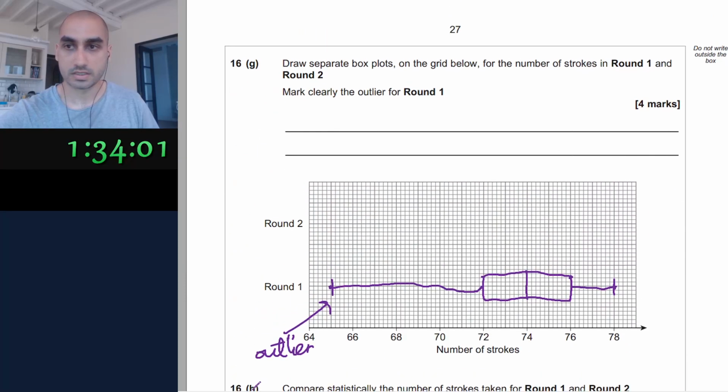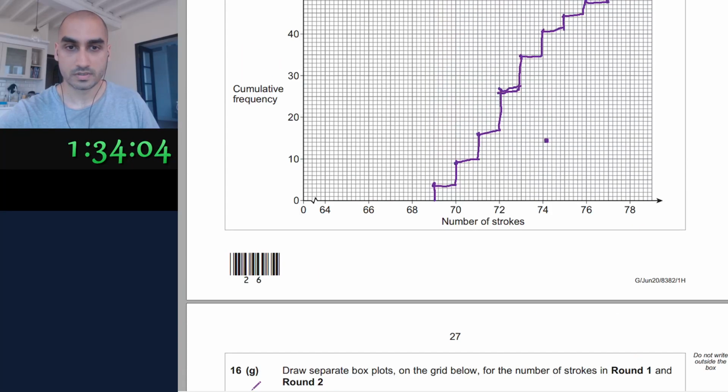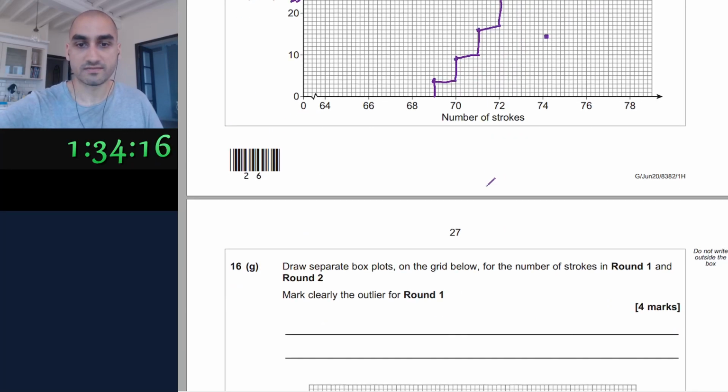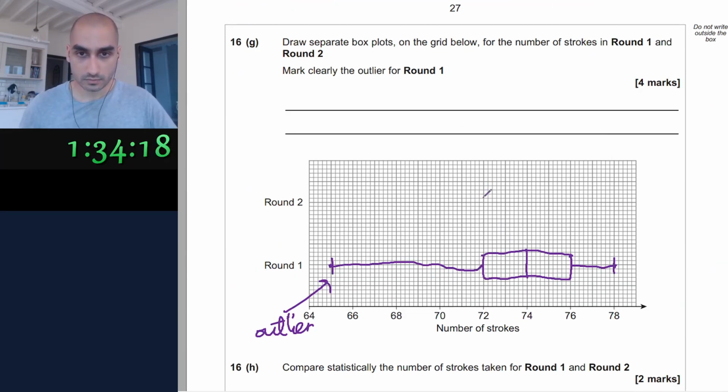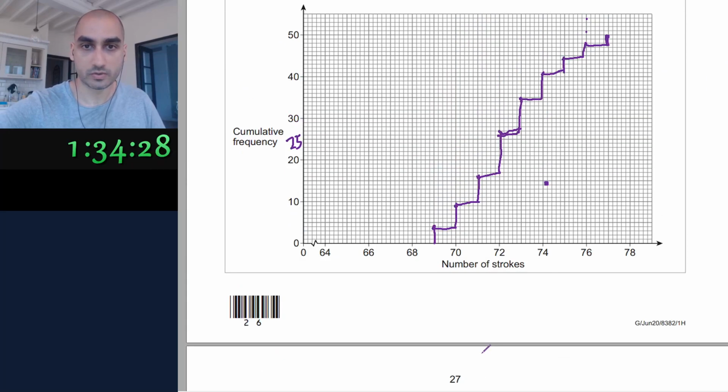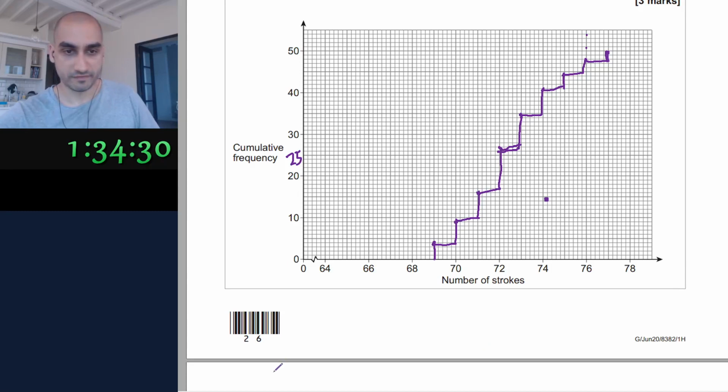Okay. So we've got some time. So the median is. So we've got 25. So that is 72. So the median is 72. Lower quartile, so that'll be 12.5. This is 71.